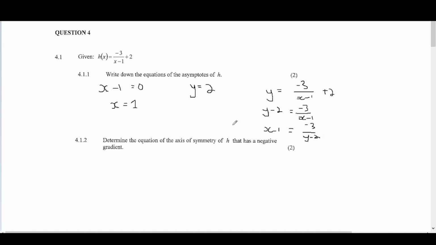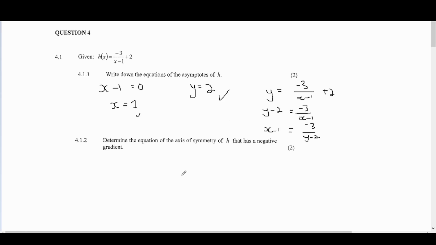And here we're in the exact same situation as the x, where we don't want this denominator to be 0, because that will lead to our answers being undefined and a lot of confusion. So that's why our graph never crosses these two lines, which is x equals 1 and y equals 2. That's your 2 marks.